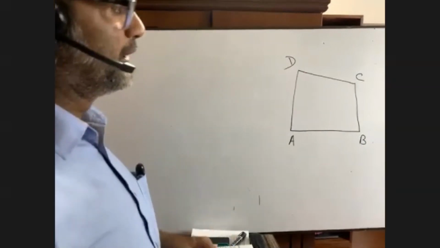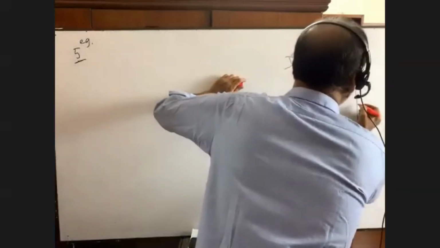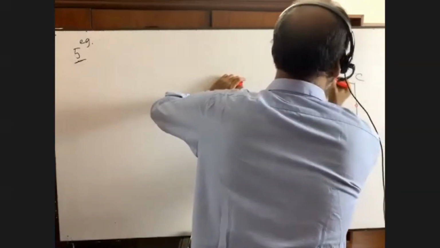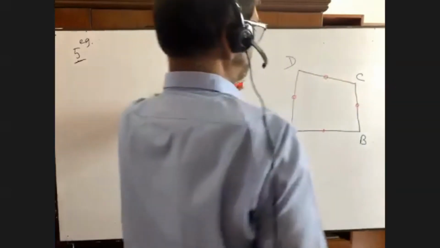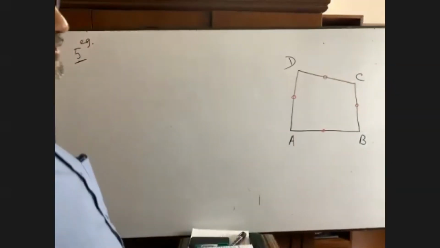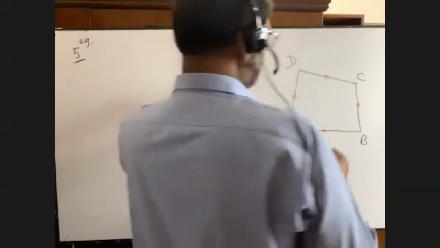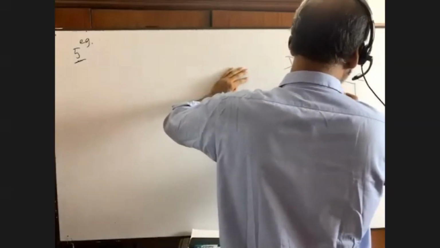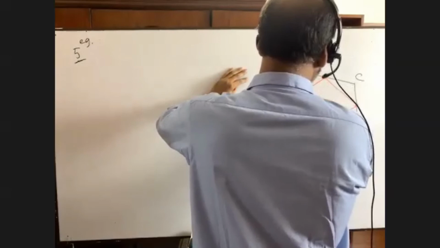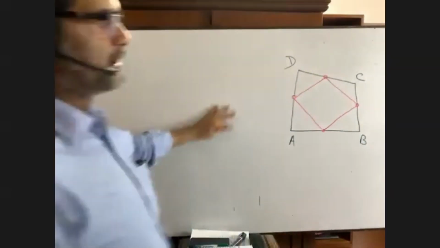Now we are going to take the midpoints. I have taken 4 midpoints of the 4 sides. Now, if we join them, you will get another quadrilateral.